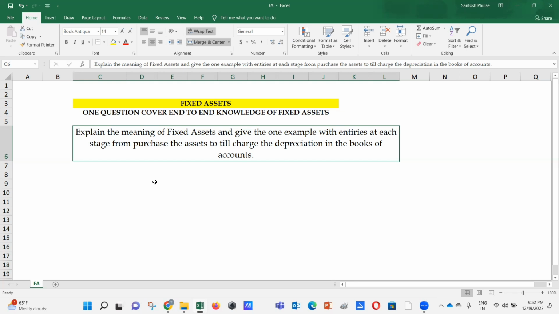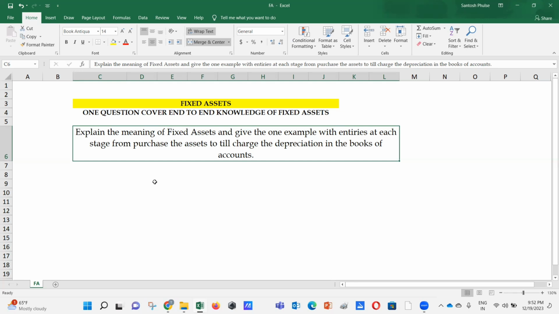After that, when we charge the depreciation, it will be the depreciation account attached to the accumulated depreciation account. Every month we will charge depreciation, right?